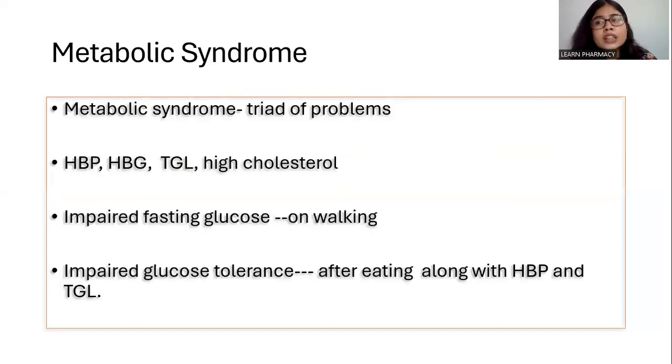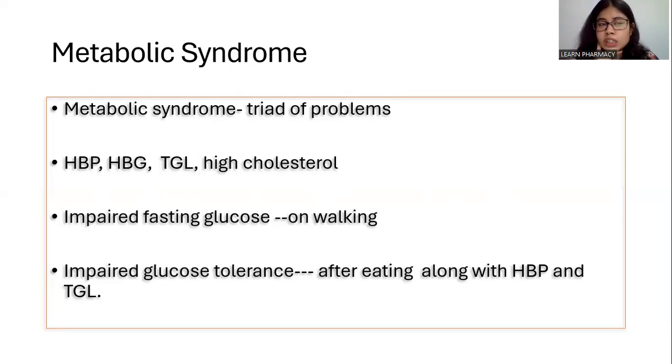I recently said the word metabolic syndrome. It means that you are having a triad of problems inside your body. You can have high blood pressure, high triglyceride level, high blood glucose, high cholesterol. You can have metabolic syndrome and you can have diabetes. It's not true that you cannot have diabetes without metabolic syndrome.